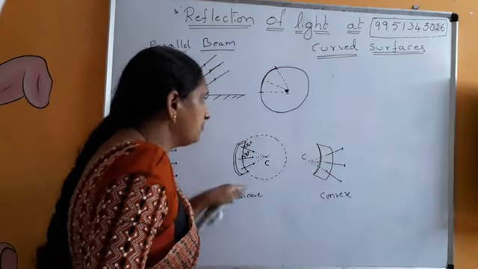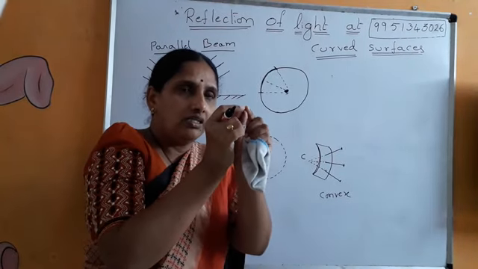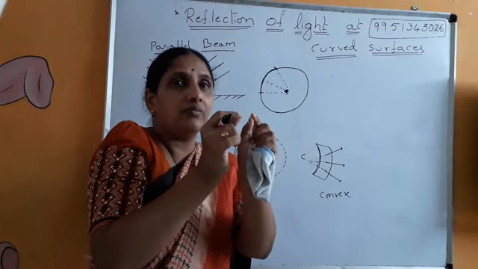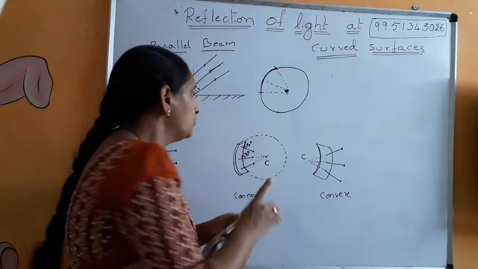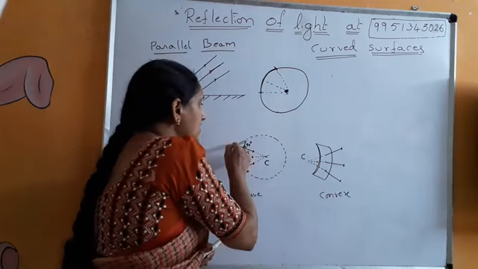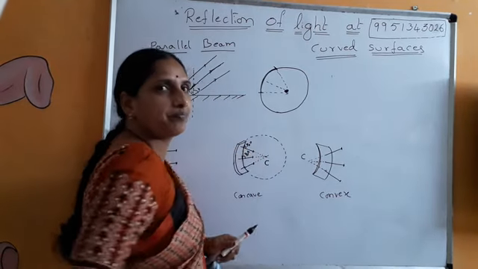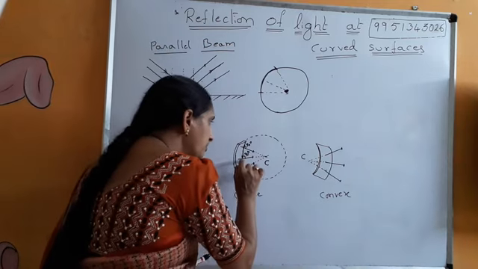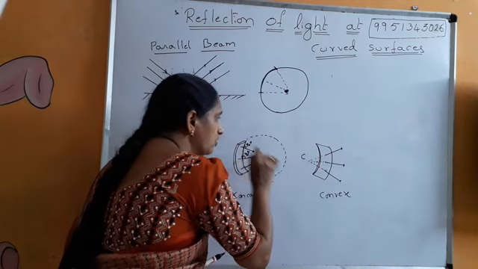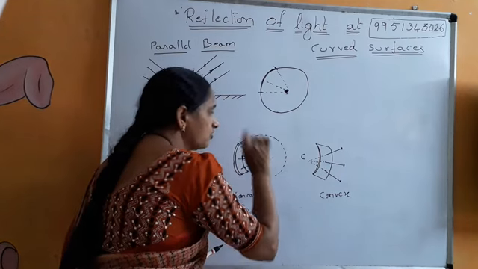In the whole curvature, between any two very near points, the shape will be a straight line, right? To that straight line this is making 90 degrees. Hence this is a normal to the surface at this point.